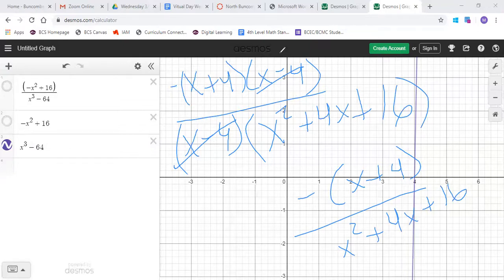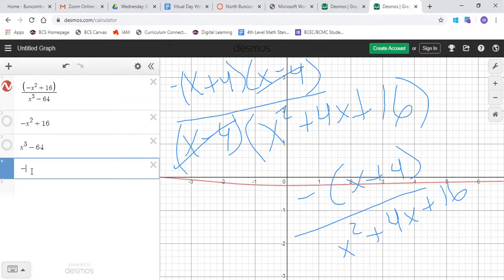Now, if you remember, if this is fully factored correctly, my answer, which is this right here, should overlap the original question. So that is right there. I'm going to go ahead and just check it. I'm going to write parentheses, negative x plus 4.